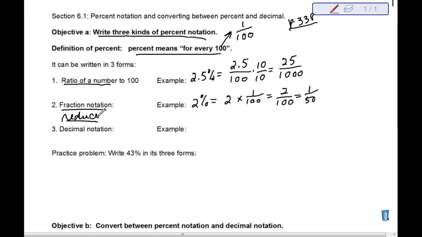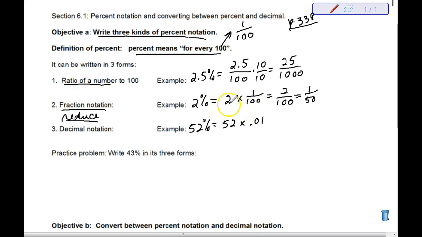The third notation comes sort of from the fraction notation. Let's say I have 52%. 52% of the people polled didn't eat breakfast at all. They just went to work. I can write that in its decimal form by taking 52 times 0.01. 0.01 is the decimal equivalent of 1 over 100.